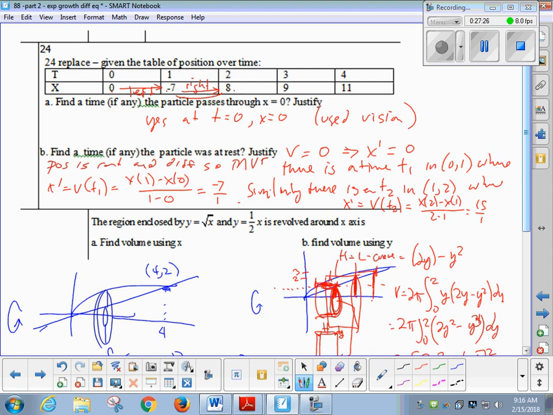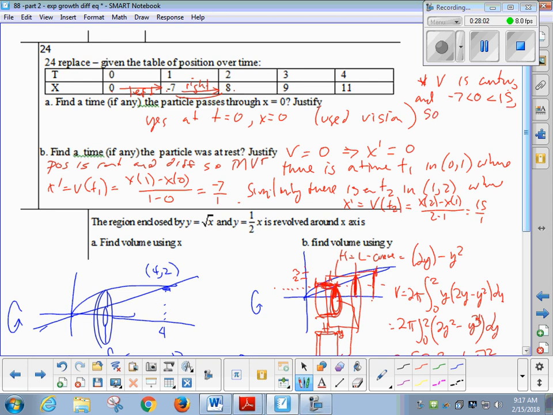Now, we just showed that velocity at one instant was negative 7, at another instant was positive 15. Could it have gone from negative 7 to positive 15 without having been 0 in between? No. And so you then say velocity is continuous, and v equals 0 is between negative 7 and positive 15.